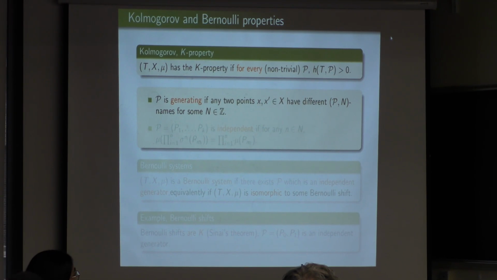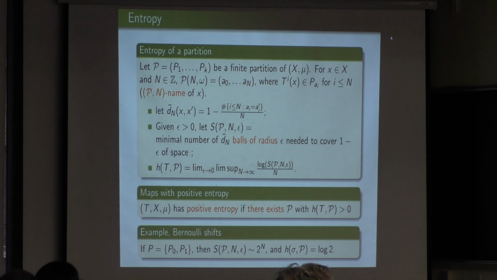So I cannot have 2 points in my system that would fall into the same atom for all their life. Okay, so that's a notion. For example, this partition is generating for the classical Bernoulli shift because this means I see 0 on the 0th coordinate, this means I see 1. So if I start shifting it, I see any two points.